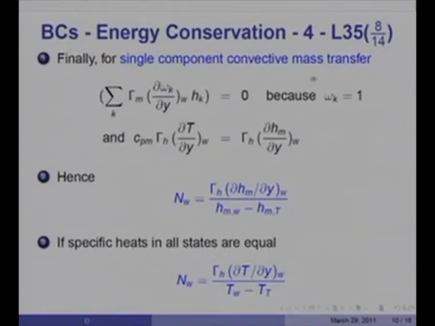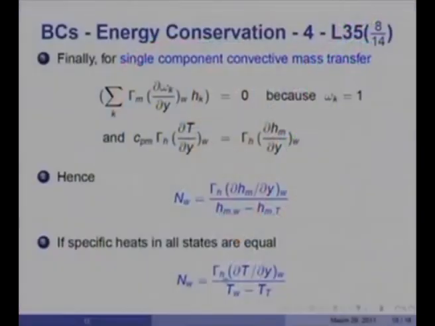Single component convective heat transfer means supposing I have a boundary layer formed with air, I am injecting into it air itself from the wall at a given rate. So the energy equation would take the form that I have shown here.